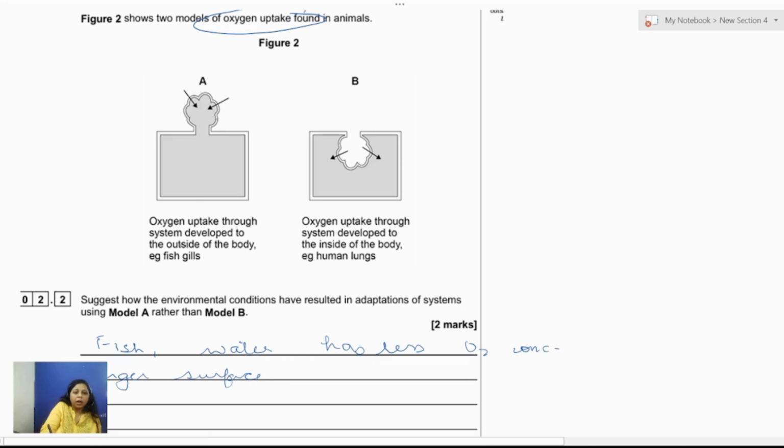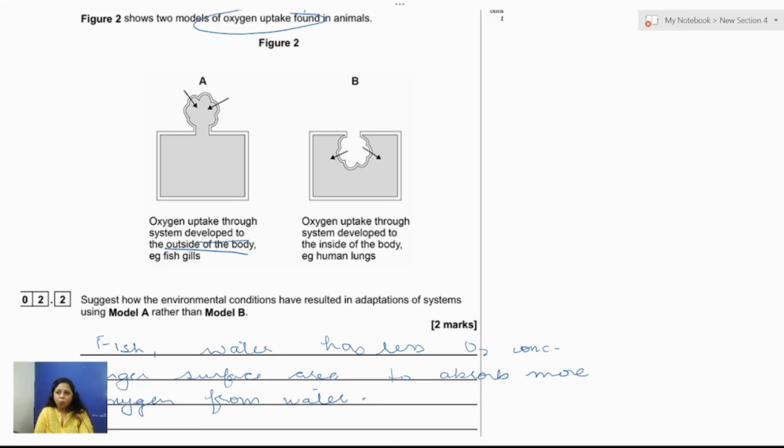It's outside the body, so there would be a larger surface area to absorb more oxygen from water. Okay, what else can be done? What else can be written? So these are two points. What would be the third point?